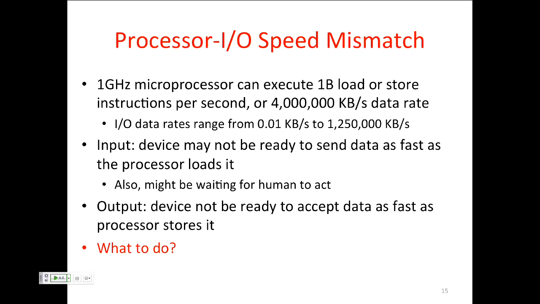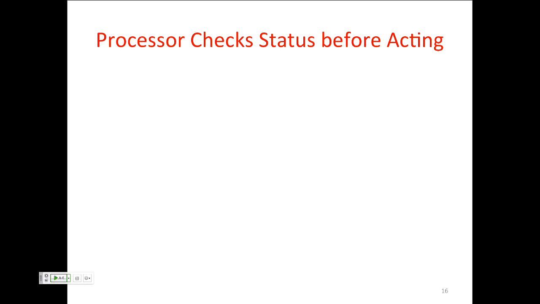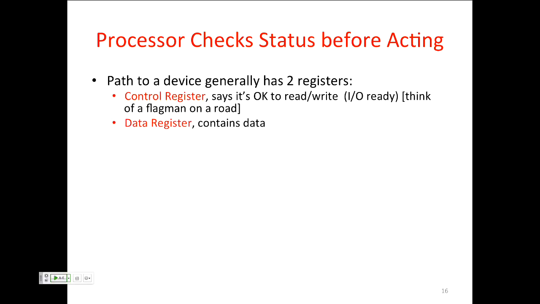Can we do anything? And the way that works is that in this control section of the memory space that we reserve for this device, we install two words that act as registers that tell you whether the device is ready, so whether it has data or whether it does not.